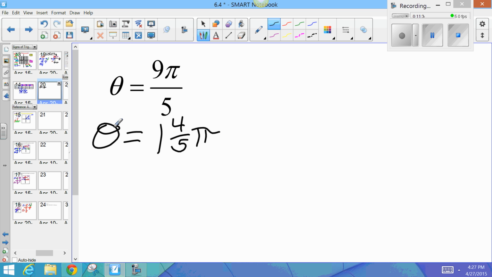Okay, so in this case, theta is less than 2 pi. Let me draw this. So it's more than a whole pi. 4/5 is bigger than 1/2. So it's going past 1 1/2 pi, but it's not bigger than 2 pi. So it's going to be a fourth quadrant angle.